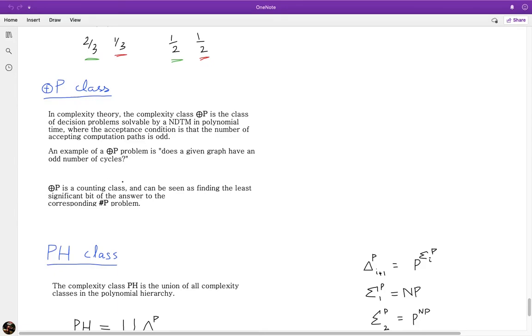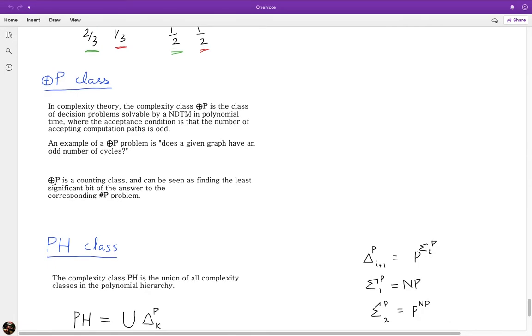One example of a parity P problem is: does a given graph have an odd number of cycles? This is a parity P counterpart for the #cycle problem that we have already discussed.